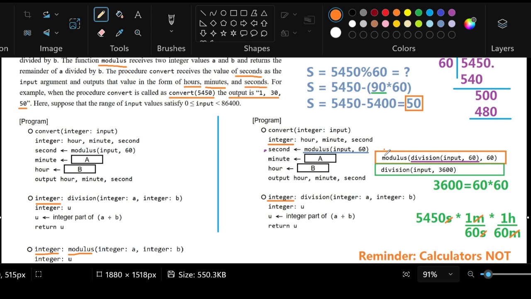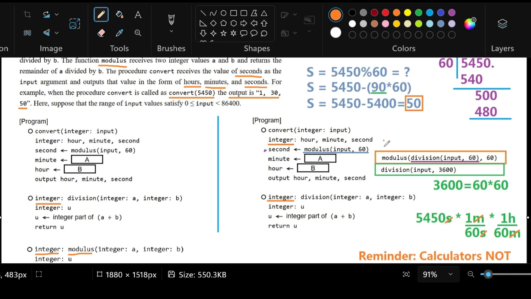Okay, the other thing too that I remember doing when I was answering this question was to see what was done for second. And we can see that it was using modulus as the function to get the second.